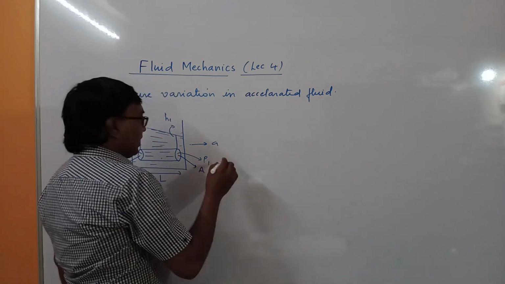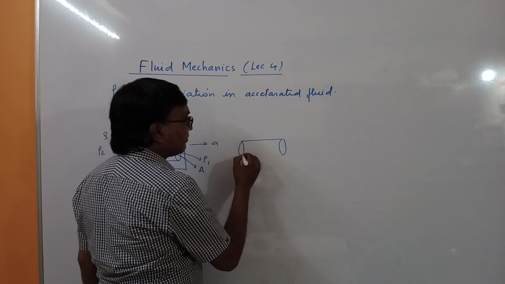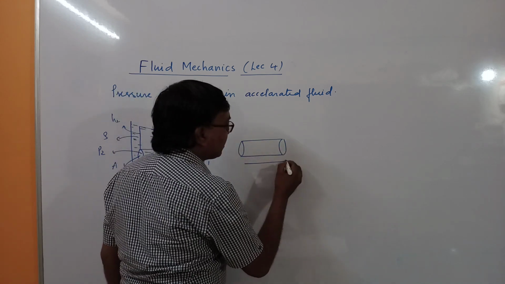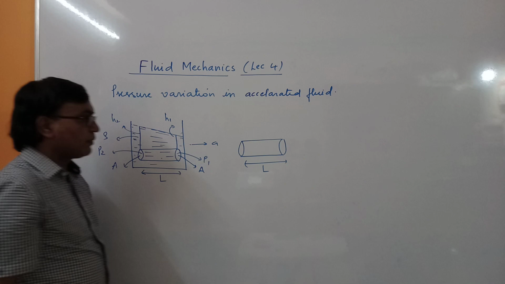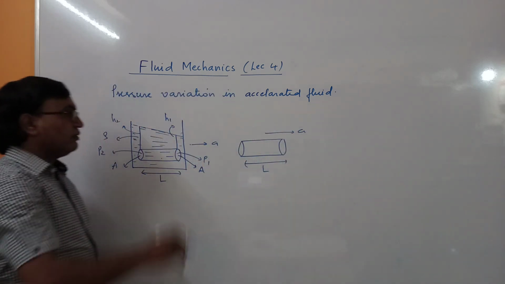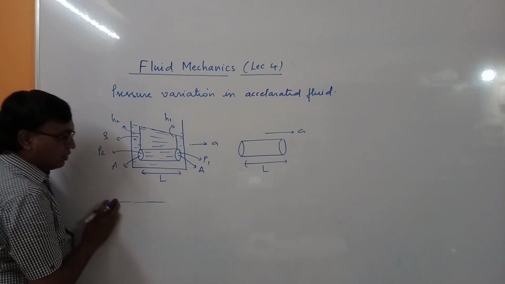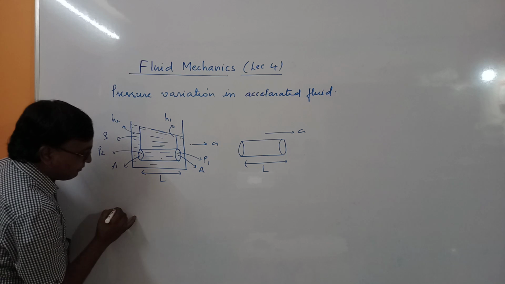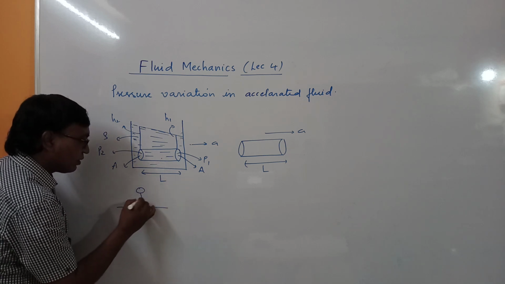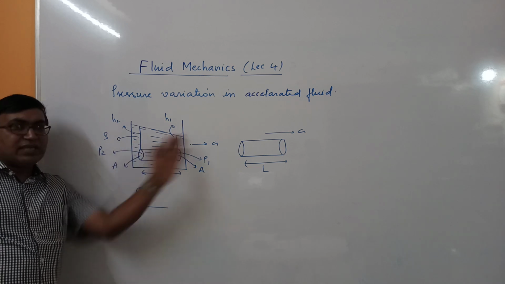Then the net force acting on this along the horizontal direction. So this is L. This total fluid is accelerating in the forward direction. Again, I am solving the problem from the inertial frame, from the ground frame. If you observe from the ground, this fluid is accelerating in this direction.